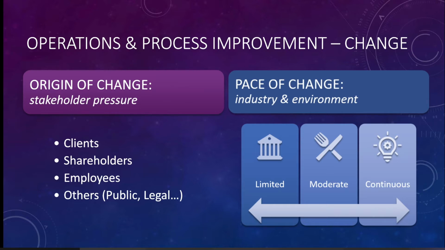But this is mainly just for governmental institutions. Then we have moderate change, which most businesses that we know fall into. Anything from airplane operators to restaurants and anything will be part of moderate. And then continuous pace of change, that is anything that is very, very much trendy. So fashion can be one of them. A lot of IT, forefront of research projects, those things, they go into continuous change.